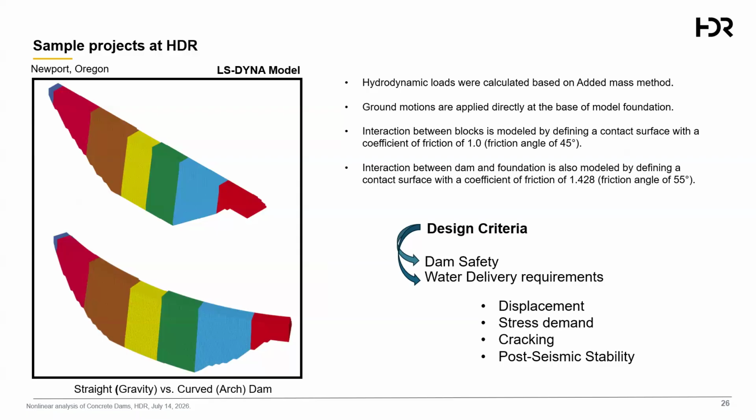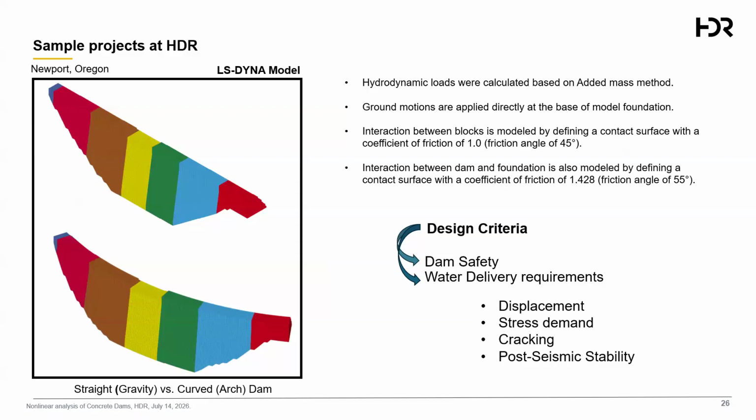So we define nonlinear contact between these two blocks, and the nonlinear behavior of the dam comes from these interfaces, and that's the most critical part of the dam. Also at the bottom of the dam, it's not clear here, but each block has a surface.